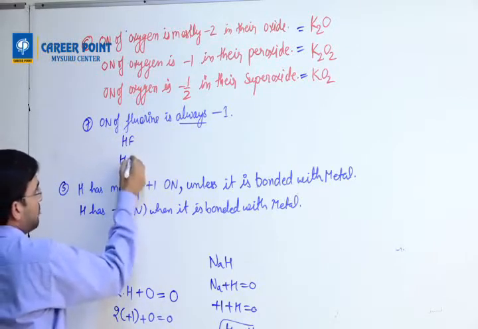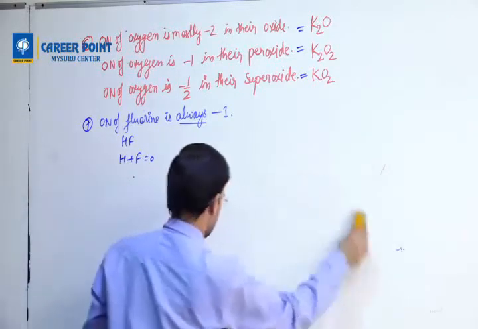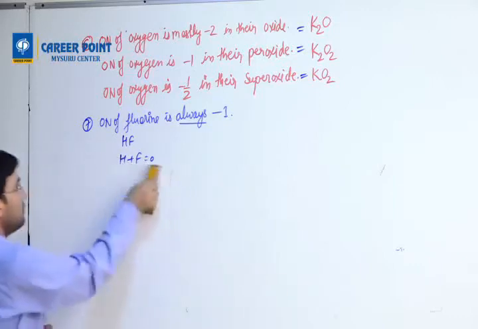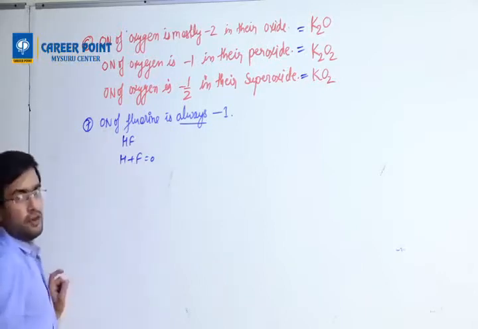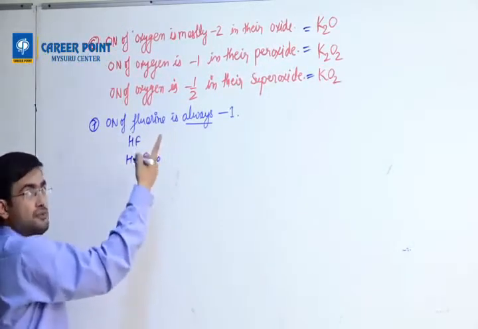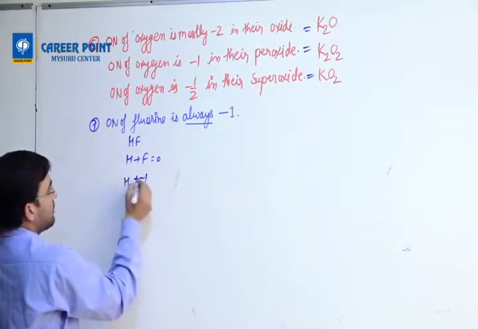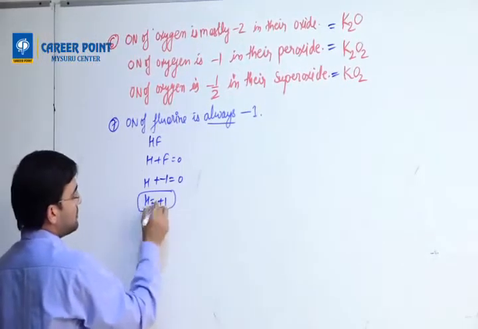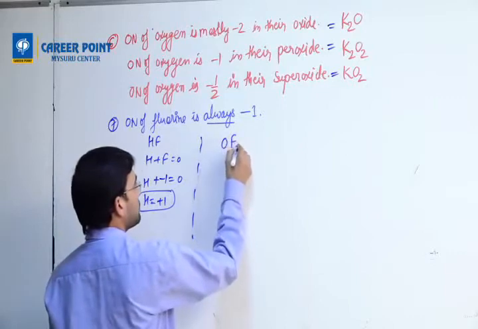So H plus F equals 0. Do you know H? Yes, I know H also, I know F also, but you are very certain for F, right? So write for F first. So H will equal what? +1.